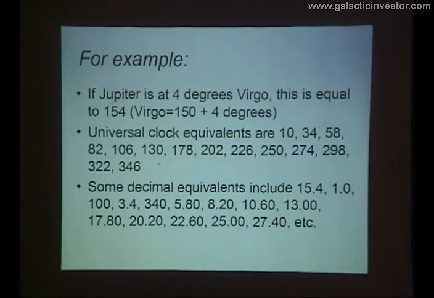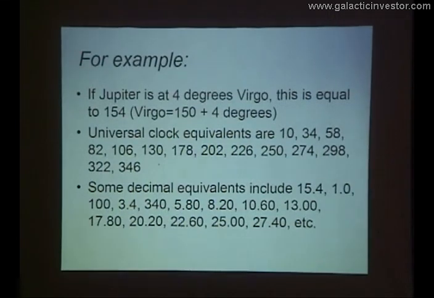So 130, for example, is 24 less than 154. 178 is 24 more than 154. It goes all the way down to 10, and all the way up to 346. These would be all the increments on the universal clock. So if we have something at 4 degrees Virgo, it's going to impact prices at all these levels, potentially. These are our hot spots that we're going to start to look at for planetary correspondences with something going on at 4 degrees of Virgo. Does that make sense? Okay.